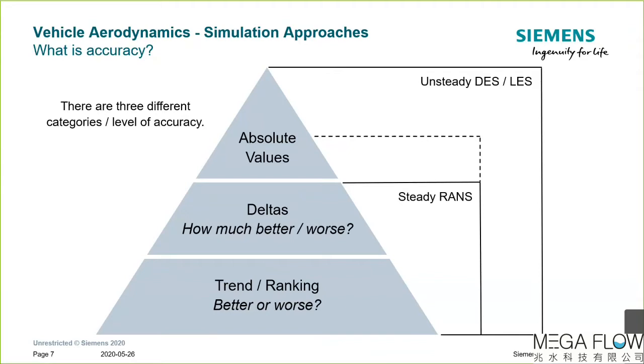We can see here that for trend rankings and deltas, steady state RANS is absolutely fine. And you can see also the dashed line, even for some cases, steady state RANS is able to predict absolute values. So for example, when you have a sedan where the flow is mainly attached, you have a very small unsteady wake, you can also get very close with steady state methods in terms of absolute values.